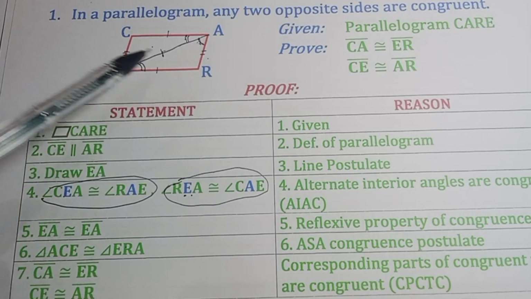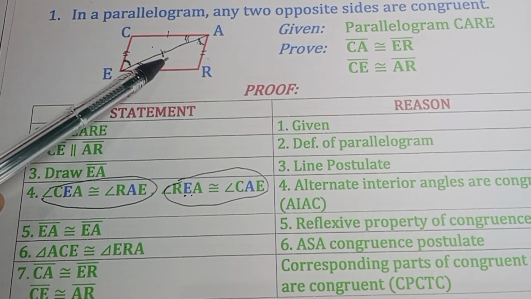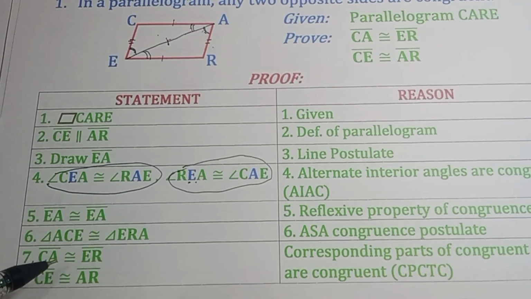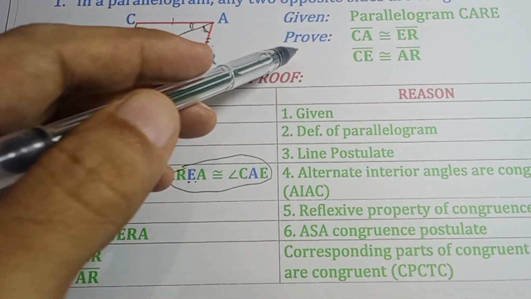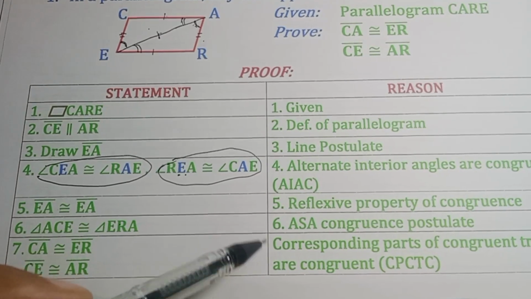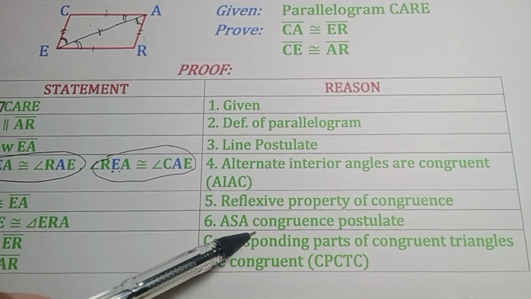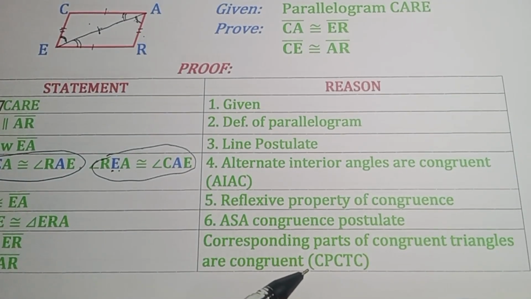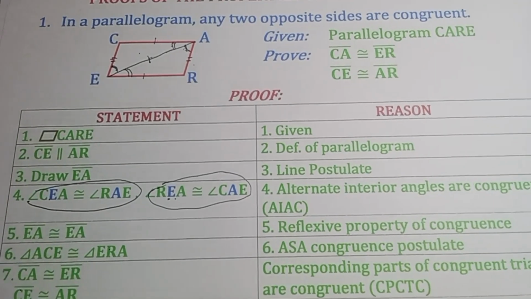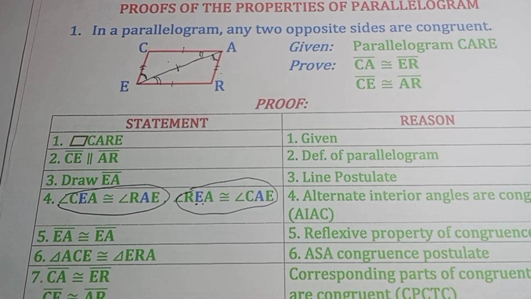So we write CA is congruent to ER, CE is congruent to AR, which is the proved part. And our reason, CPCTC, that is, corresponding parts of congruent triangles are congruent. So we are able to prove that in a parallelogram, any two opposite sides are congruent.